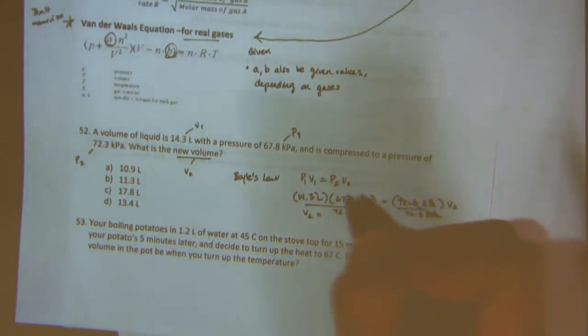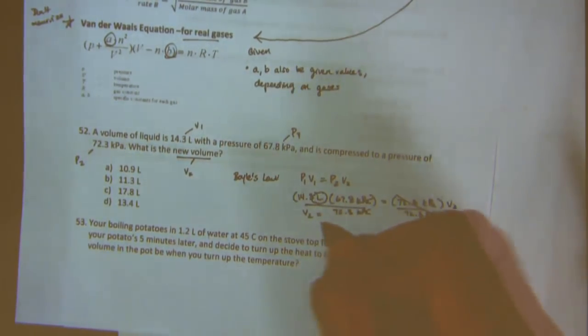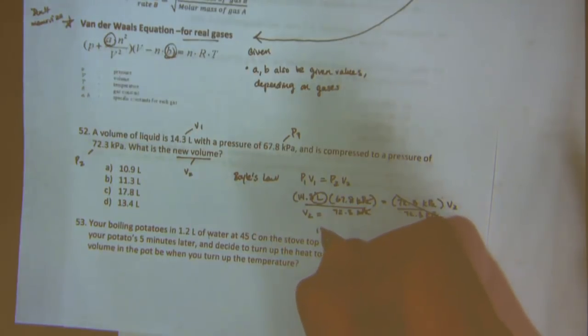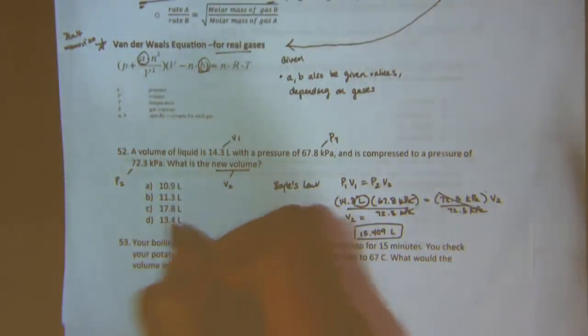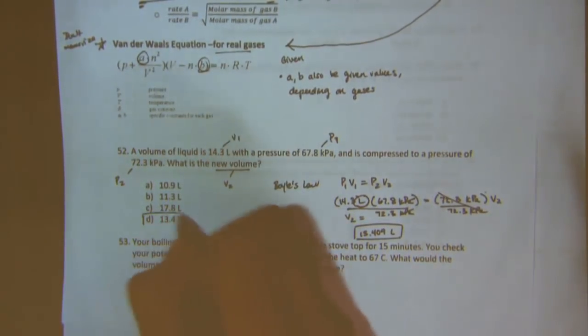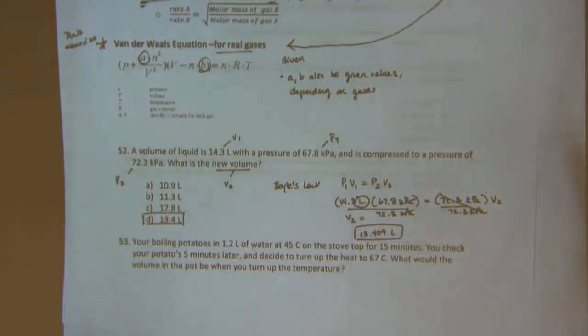The units cancel out nicely so that we're left with liters, and we should get a final volume of 13.409. If we look over to our choices, that correlates best with D. Any questions on that? Okay.